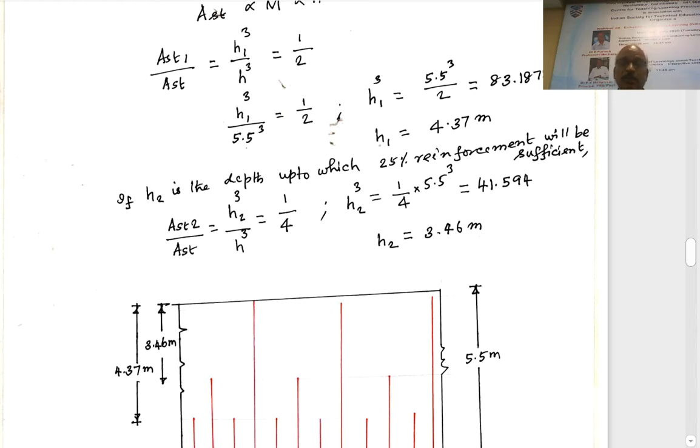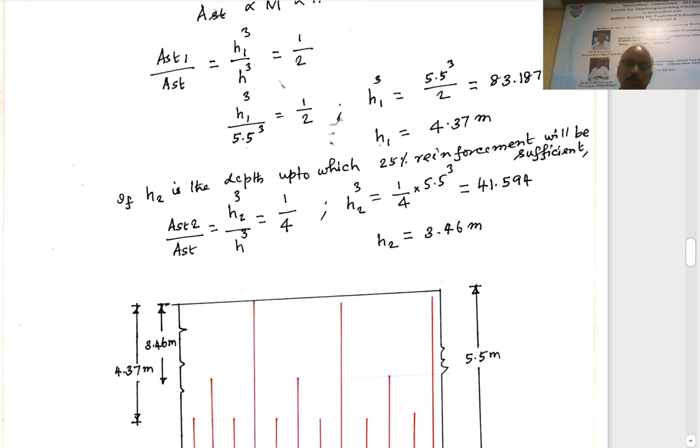So h2 cube on solving gives 3.46 meters. That means from 0 to 3.46 meters, only 25% of the reinforcement is sufficient.